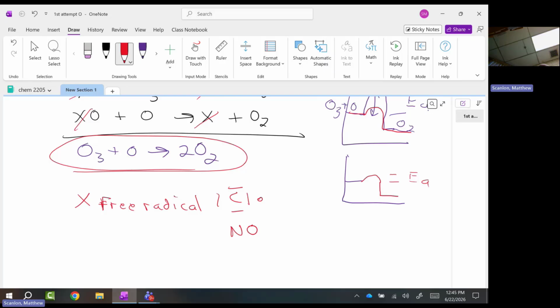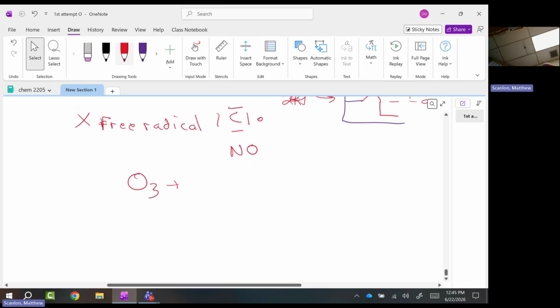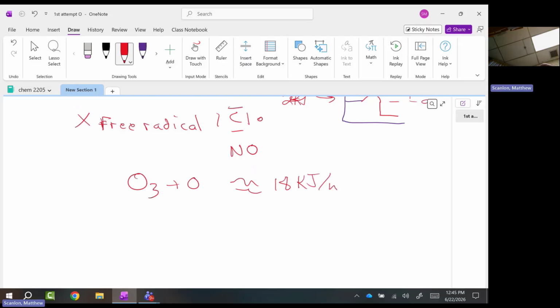Okay, so chlorine lowers that activation energy to about 2 kilojoules per mole. The normal activation energy for O3 plus O is approximately 18 kilojoules per mole, somewhere in there. Doesn't really matter.